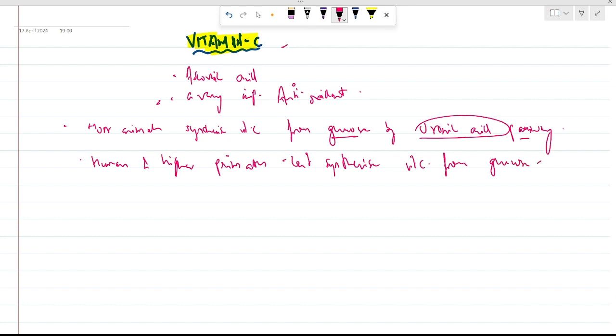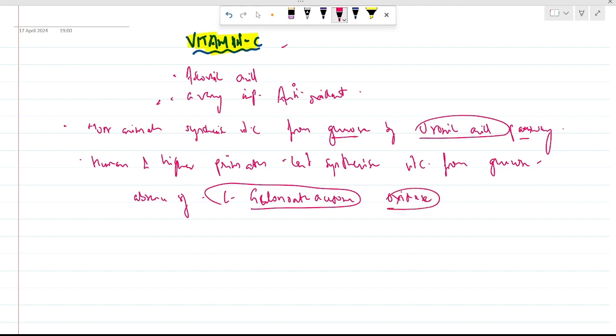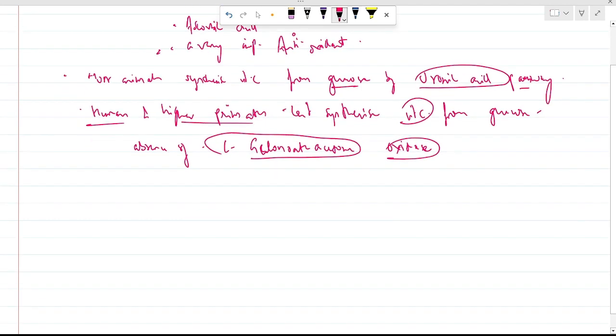Because of the absence of an enzyme, L-gulonolactone oxidase. Due to lack of this enzyme in humans and higher primates, we can't synthesize vitamin C from glucose, and most other animals can synthesize it by this uronic acid pathway.